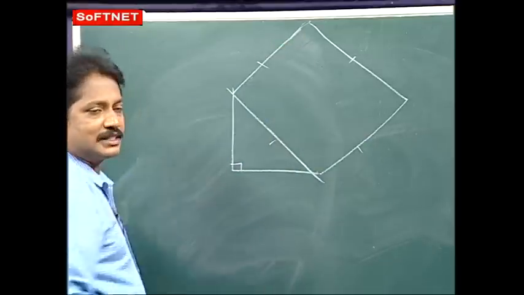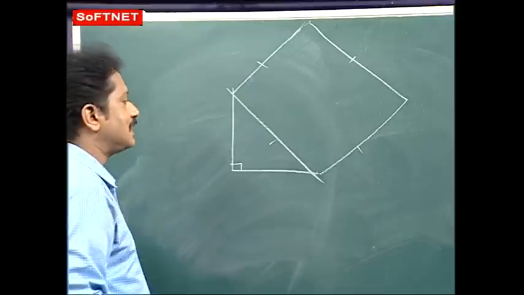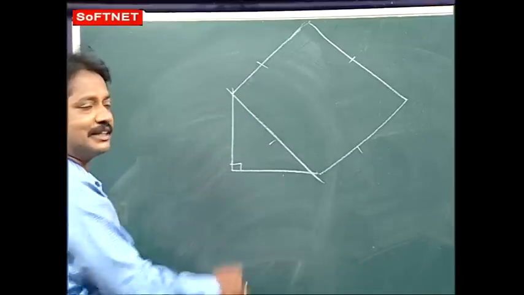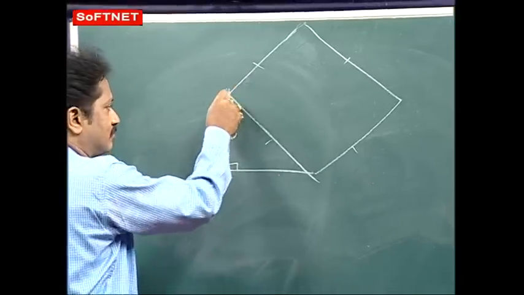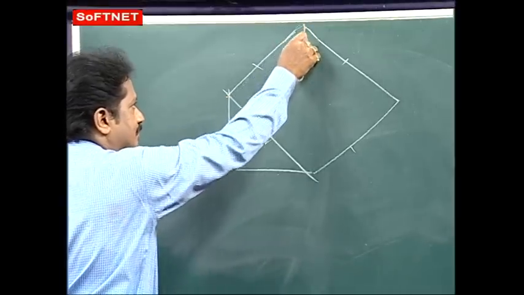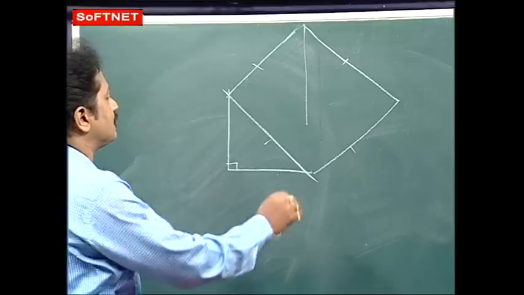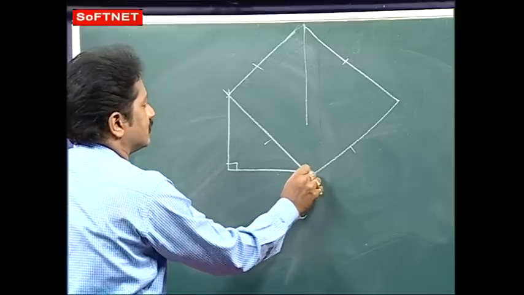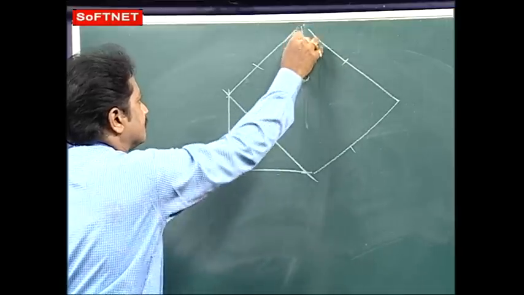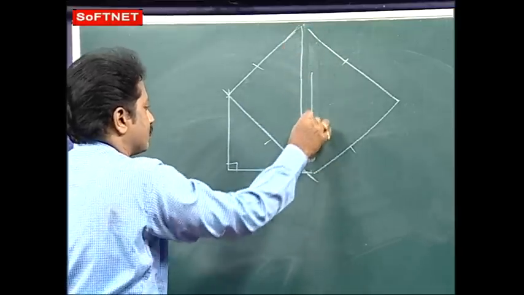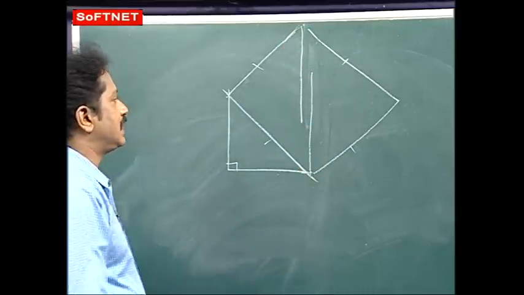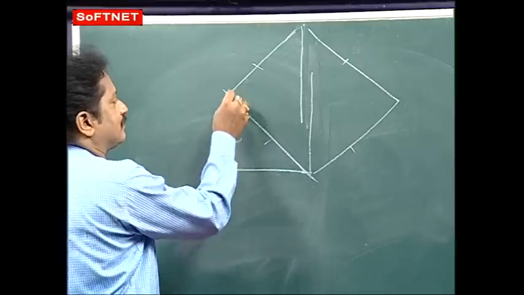From the vertices of the square, draw parallel lines to the legs of the right angle triangle. This is one leg. Draw a parallel line from this vertex, and draw one more from this one, and from this. Clear? And from here, draw one more here.